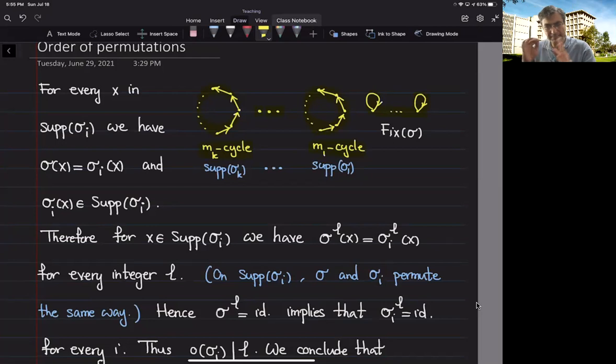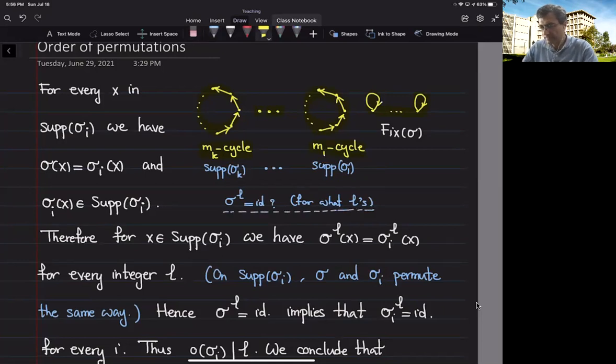Now, what does that mean? This means I have to look at sigma to the L, and I ask myself, under what condition do I get identity? Okay, so that is the question that I want to address.